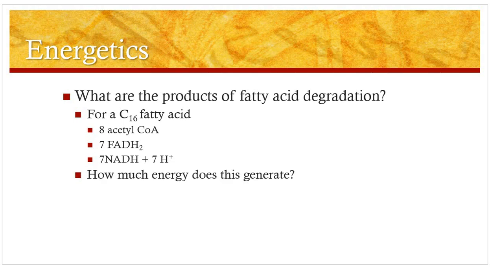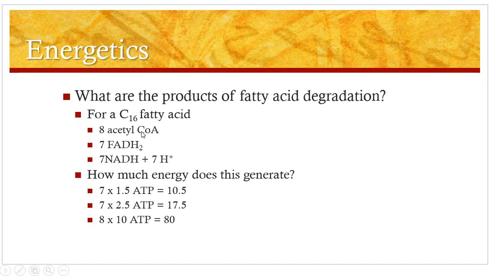So how much energy does this generate? This generates 7 times 1.5 ATPs for FADH2, because one molecule of FADH2 produces 1.5 ATP. So 7 molecules of FADH2 will produce 10.5 ATPs. One molecule of NADH produces 2.5 ATP, so 7 molecules of NADH will produce 17.5 ATPs.